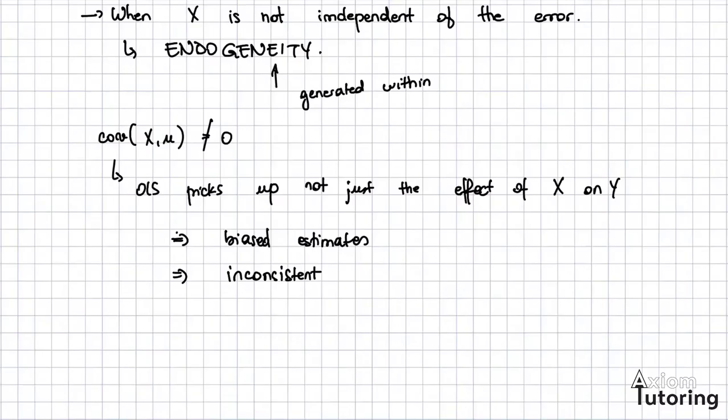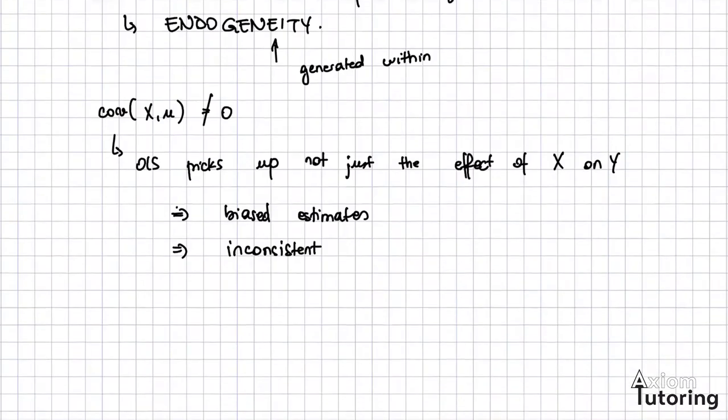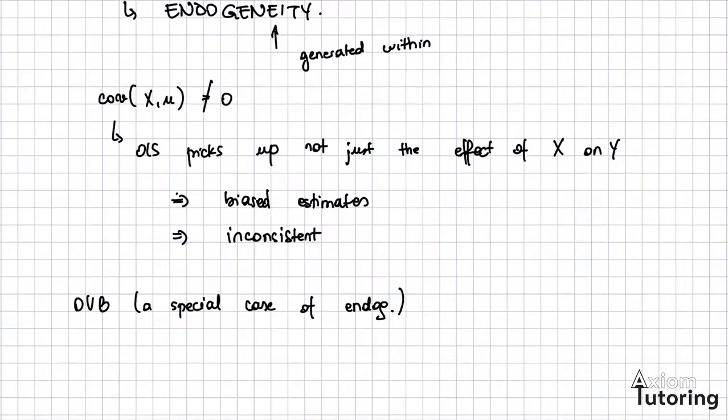When you look into this, some of you might think of omitted variable bias and ask, well, why is this different from the omitted variable bias that we have seen so far? The thing is, omitted variable bias is just a special case of endogeneity. If an omitted variable z goes into the error term and z is correlated with x, then the covariance of x and u is different from 0.